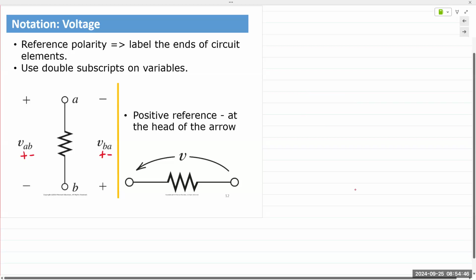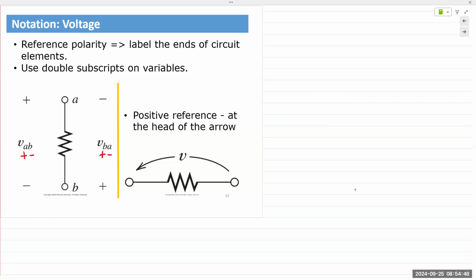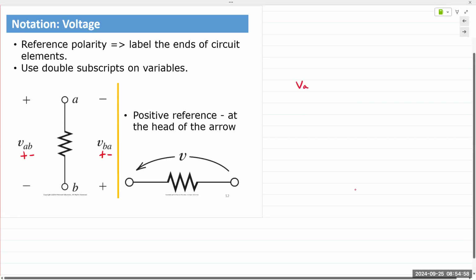If both points are at the exact same potential, the voltage between those 2 points is 0. One of those points has to be higher than the other for there to be a potential difference. In the same manner, VAB is minus VBA, and VBA is minus VAB. Okay, that's the two subscript notation.